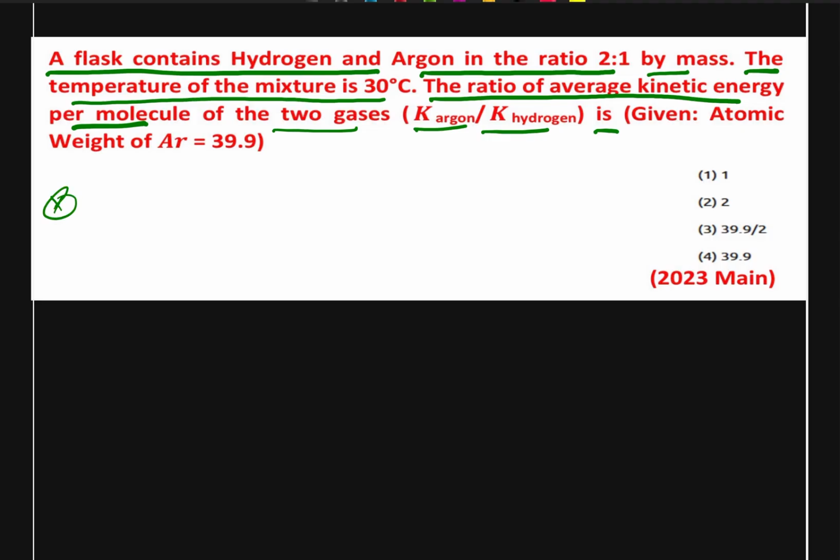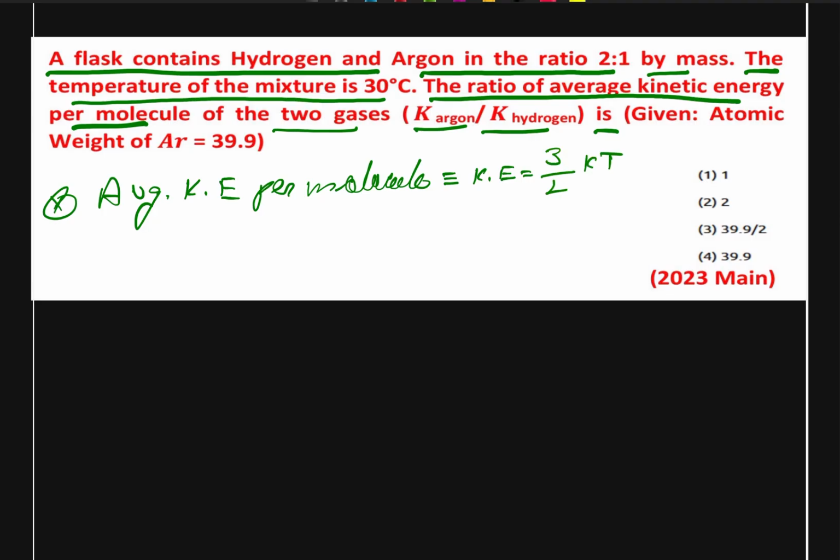So we can say our average kinetic energy per molecule, KE, is equal to 3/2 times kT. And in this equation we clearly see that kinetic energy is dependent only on the temperature T, because k is our Boltzmann constant, so it is going to have the same value.